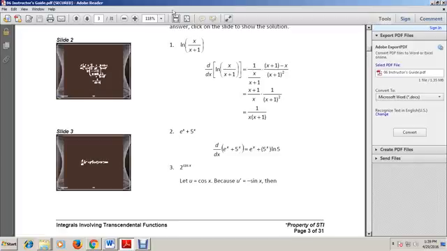Now, since this is our representation of u, and this is in quotient form, in order to get the derivative of this function, we employ the process of getting the derivative of a quotient.